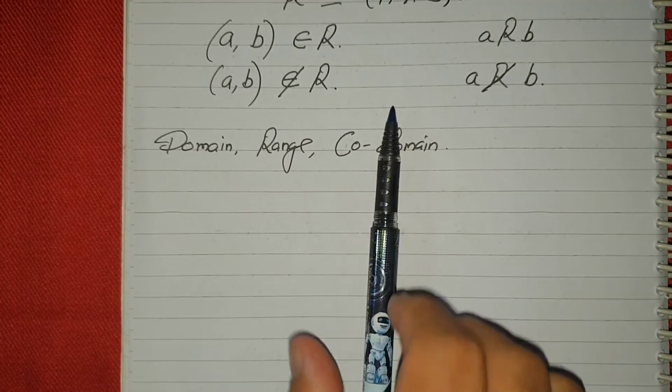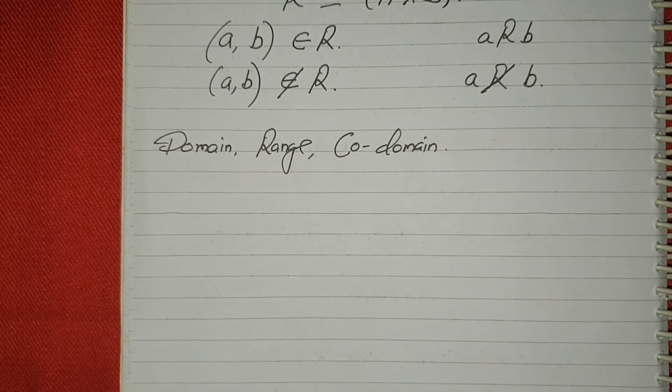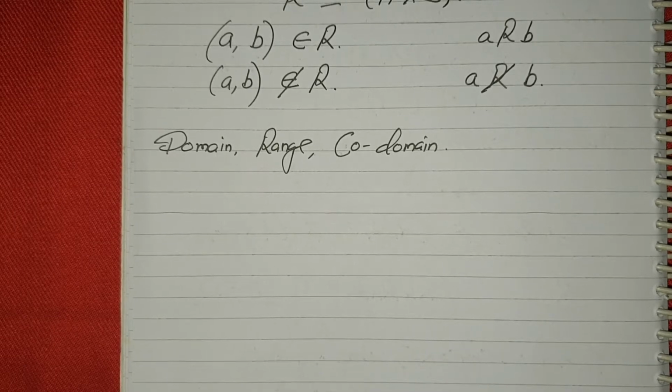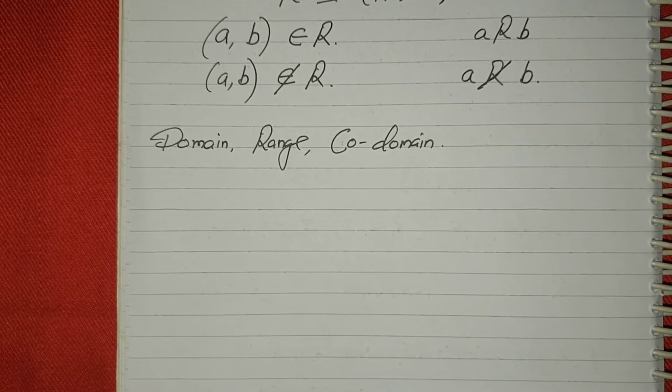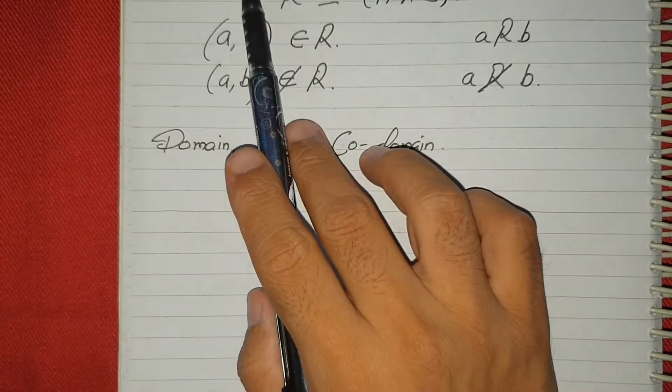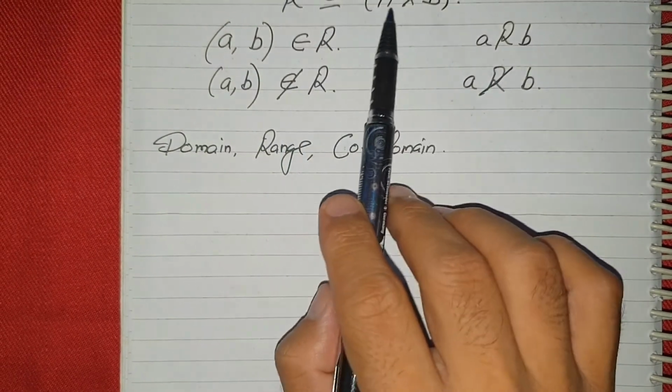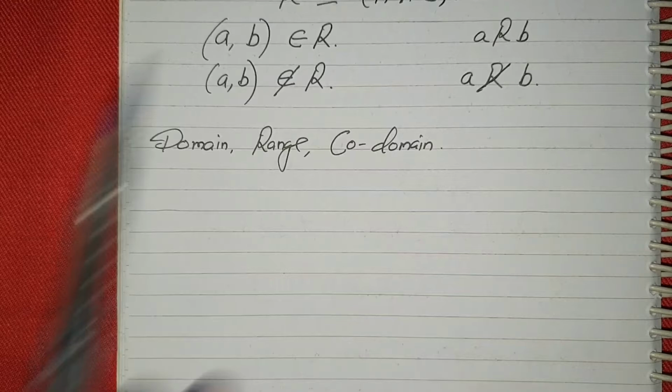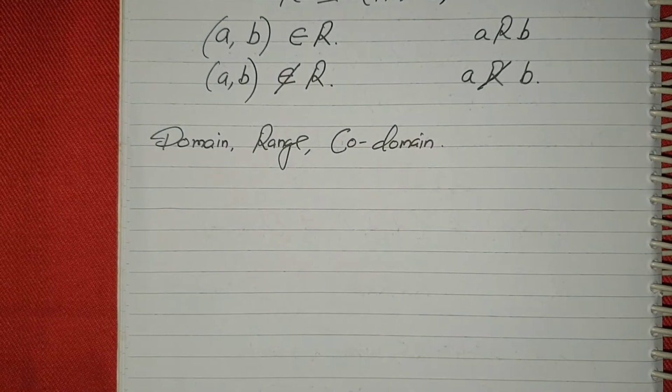Now domain, range and codomain of a relation. Let R be a relation from A to B, then R is a subset of A cross B. Now the first point is, what is a domain?